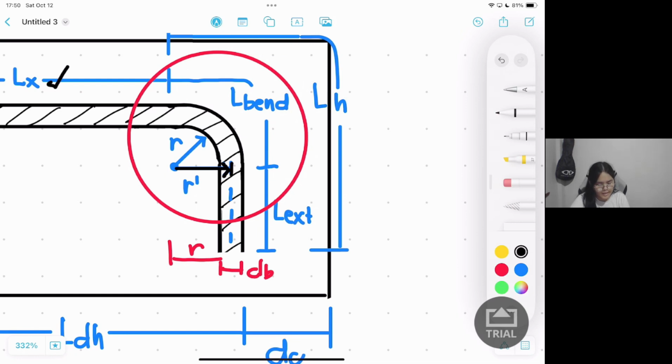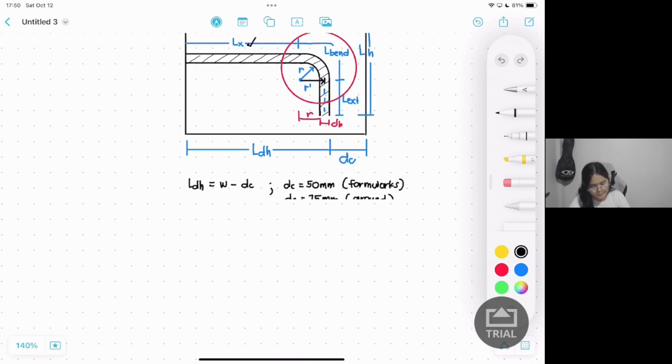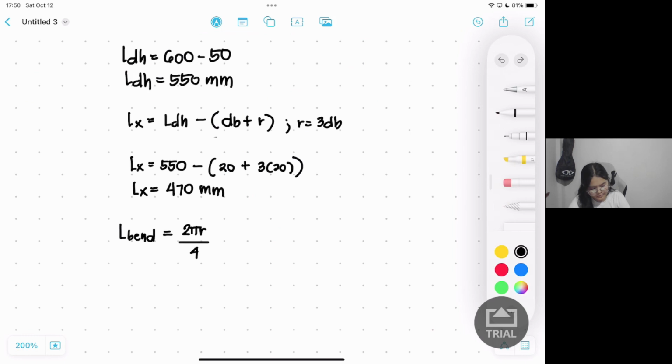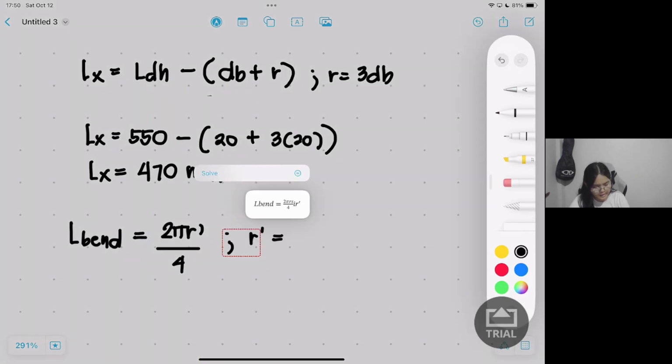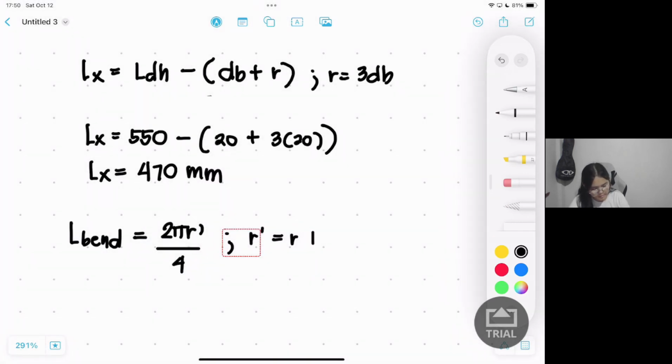So, paano yan i-solve? Si R prime, ito siya. R, yung original na radius, plus the half of the diameter ng bar natin. Okay? So, that is, itong R, dapat naka R prime. Ang R prime natin dapat ay R plus 0.5 ni dB.